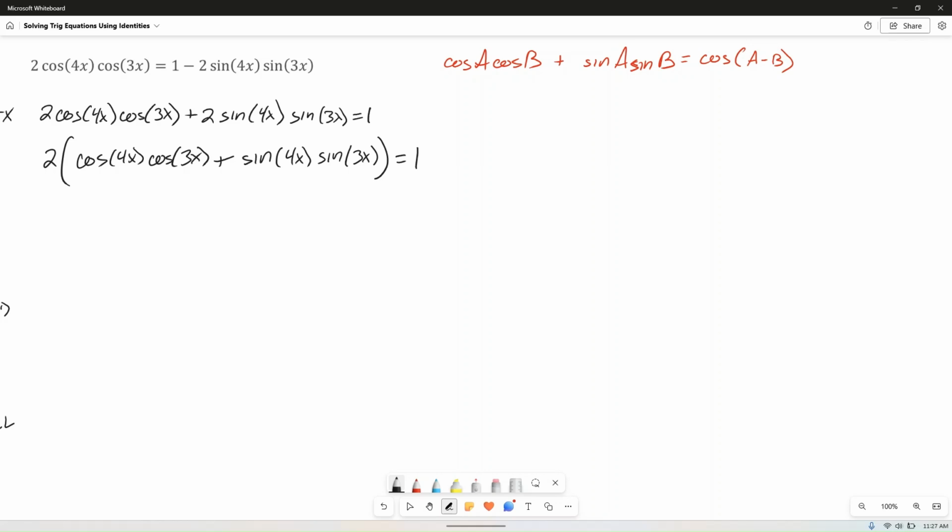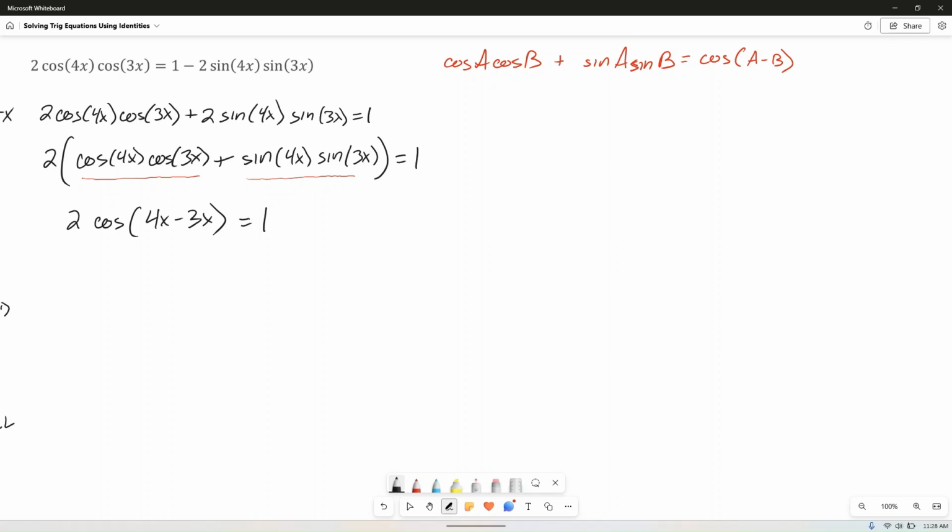And so we can go ahead and do our identity now. I know that the cosine of 4x cosine of 3x plus the sine of 4x sine of 3x is going to equal the cosine of the quantity 4x minus 3x. And so all of that is now just equal to 1.